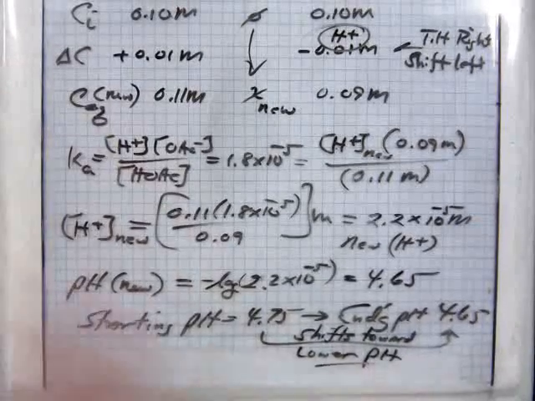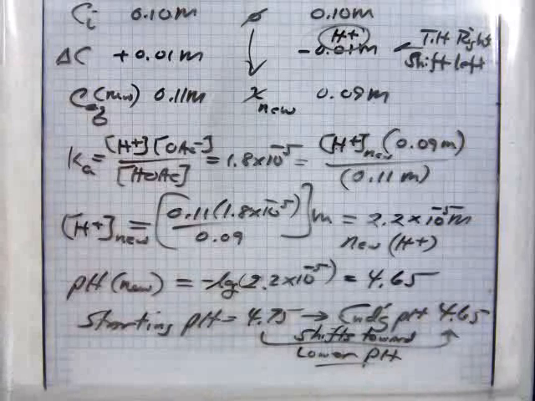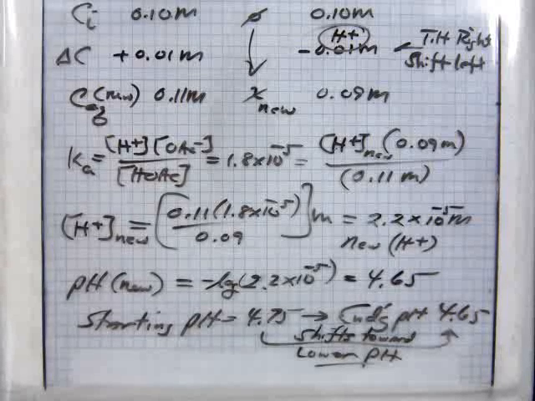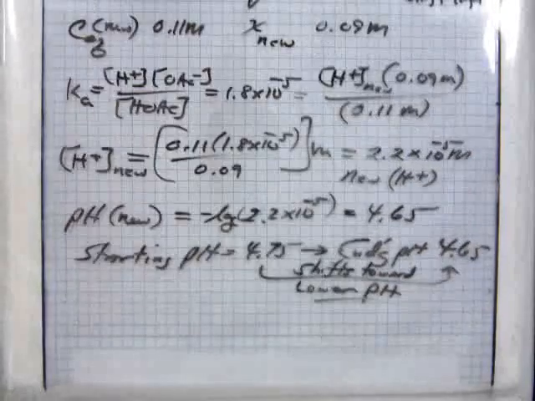Now, I'm going to work the same problem where we put in OH, and you'll see it shift the other way, where the pH will go up toward the more basic range. That's all buffers do, the same thing. All right.